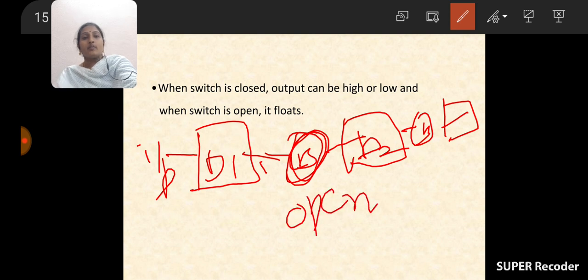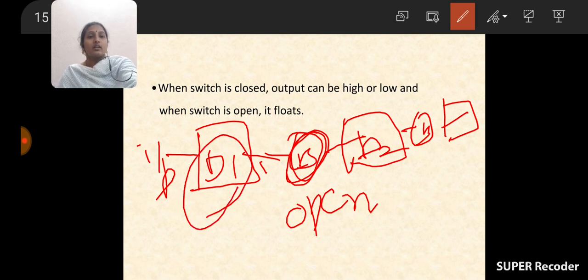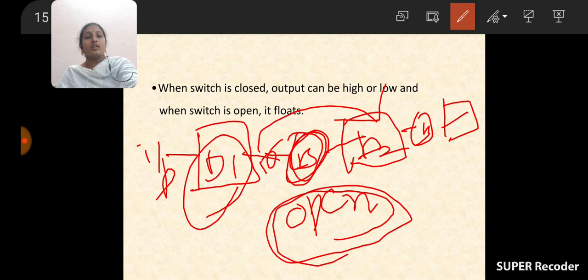When the data access by device 1 is finished, at that moment only the buffer will connect this output to device 2. At that moment only it acts like a short circuit. Until the input is processed, the buffer is in open condition.